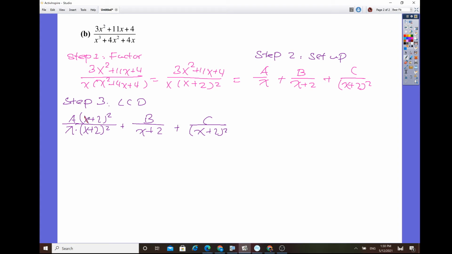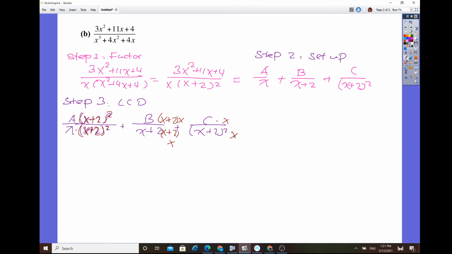So here, multiply by x plus 2 quantity squared, top and the bottom. And then over here, not only do we need to multiply by x plus 2, but also by x. And then this one just needs x.